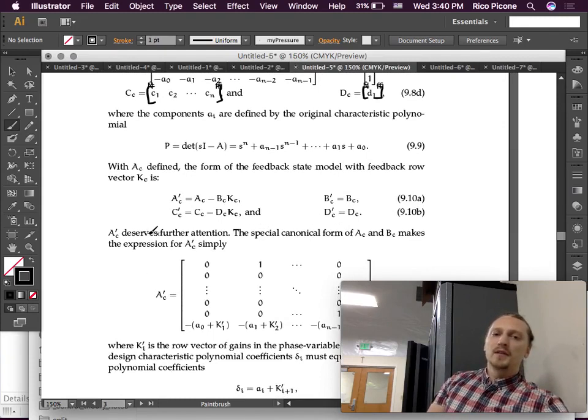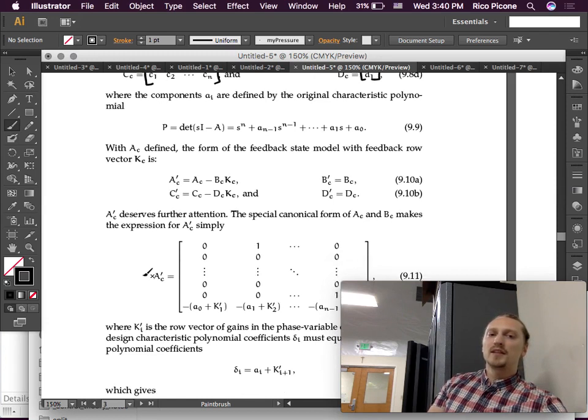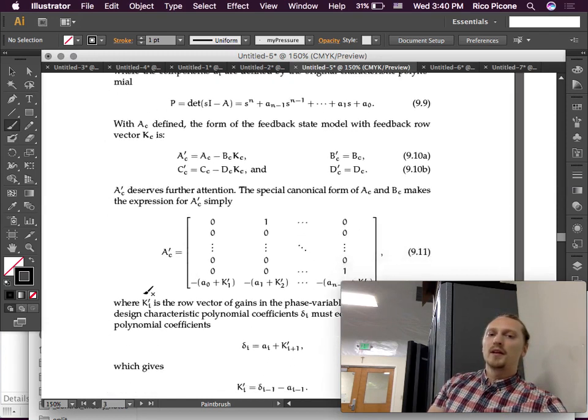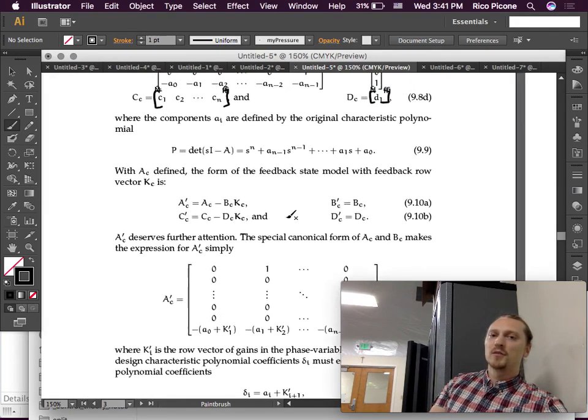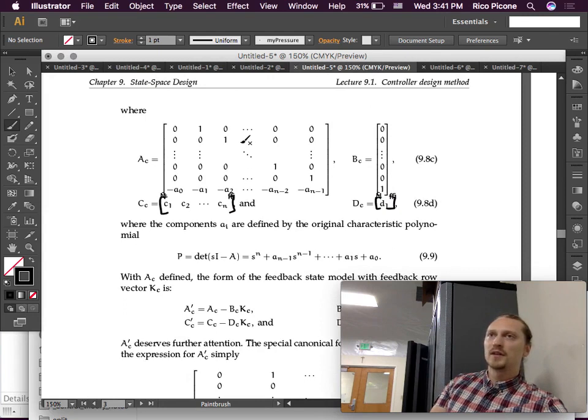A_C prime deserves further attention. The special canonical form of A_C and B_C makes the expression for A_C prime simply this. If you compute this, notice that most of A_C is just zeros and ones, and they're multiplying all of this stuff up here, which are all zeros.